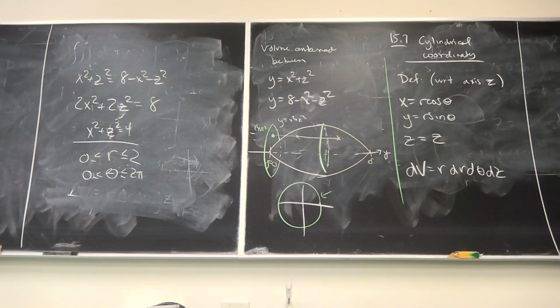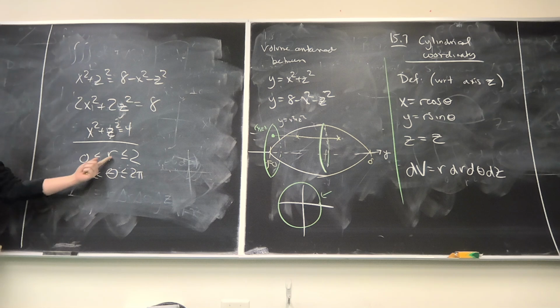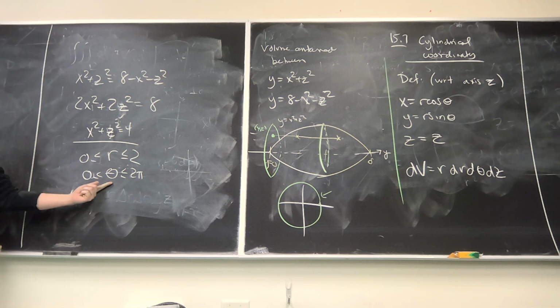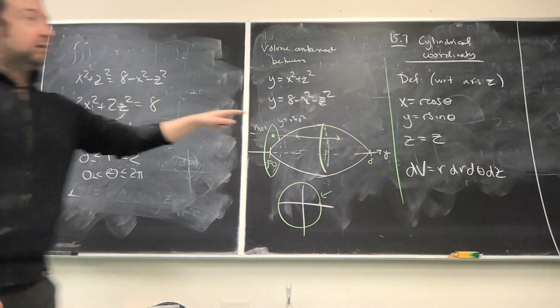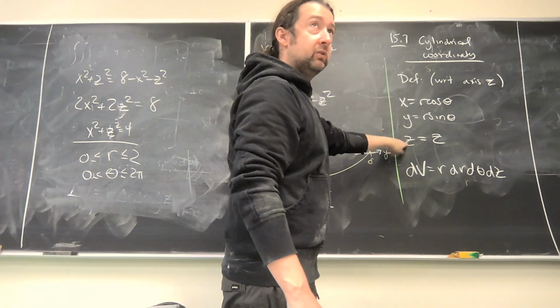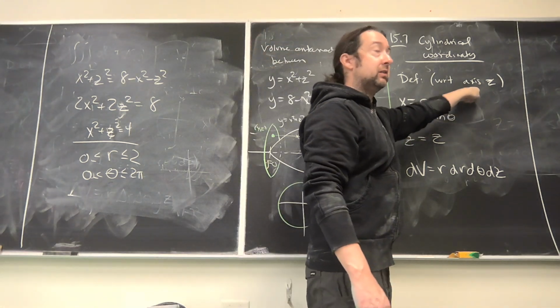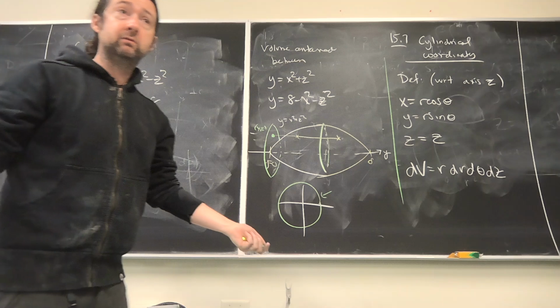Now the next choice we need to make is, notice that when I did this, when I took r and theta, it was the x and z variables that I'm translating into. X and z have been translated into the polar coordinates, not x and y. Our height variable this time is the y variable. So we're not going to use the standard cylindrical coordinate transformation with respect to the z-axis. We're going to do it with respect to the y-axis instead.